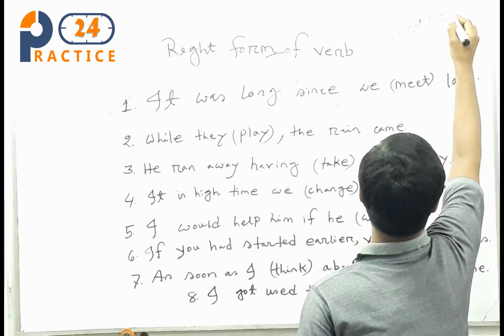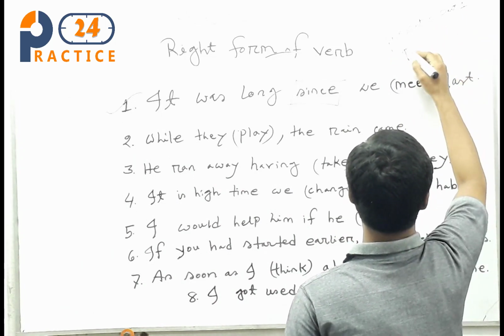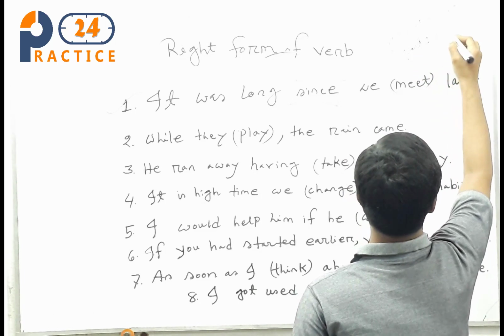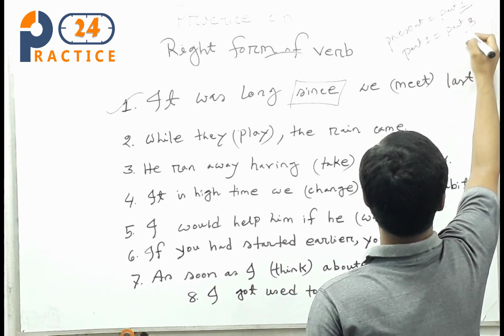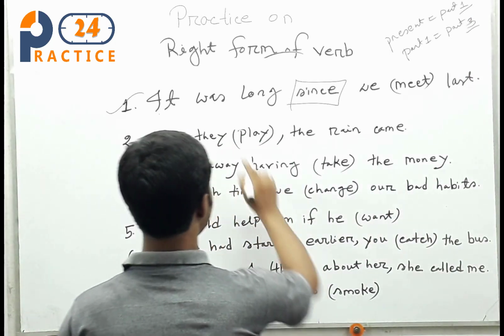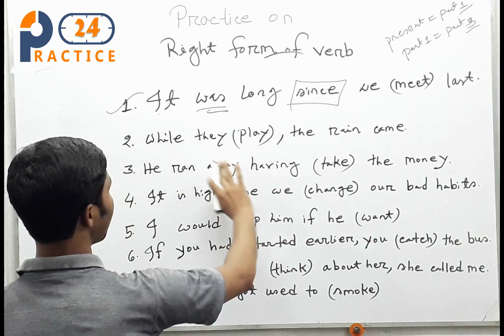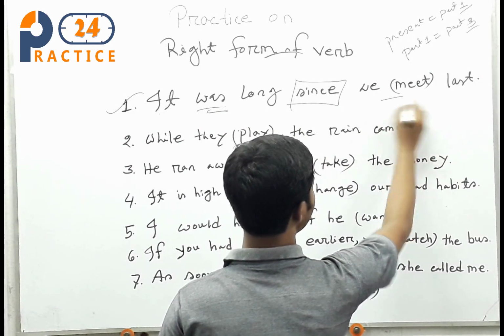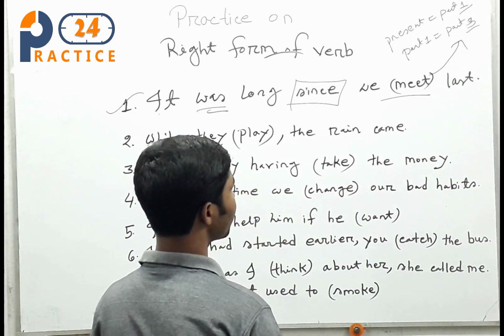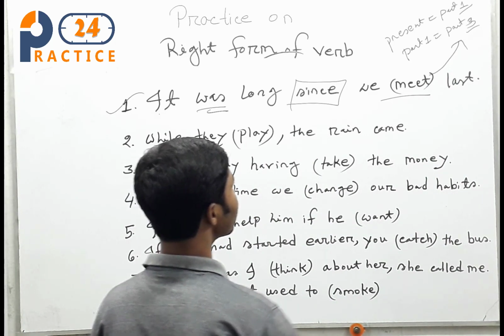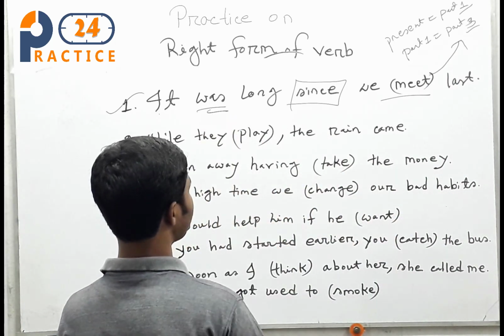Present equals past 1 and past 1 equals past 3. I mean past indefinite tense, past perfect tense. So here is past indefinite tense: It was long since we met last. Here meet will be in past perfect tense. Why will it be in past perfect tense? That is because the first part is in past indefinite tense.